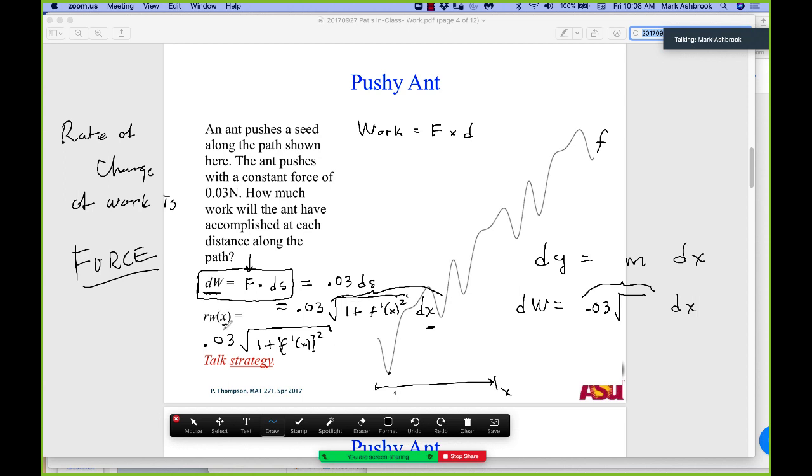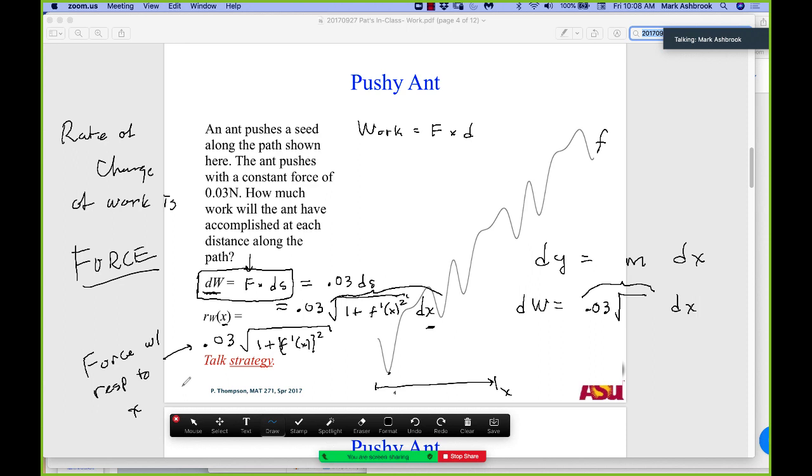So the force is the 0.03, and this is a unitless transformation from s to x. So this whole thing is the force with respect to x, or horizontal position of the ant. Okay, does it make sense?